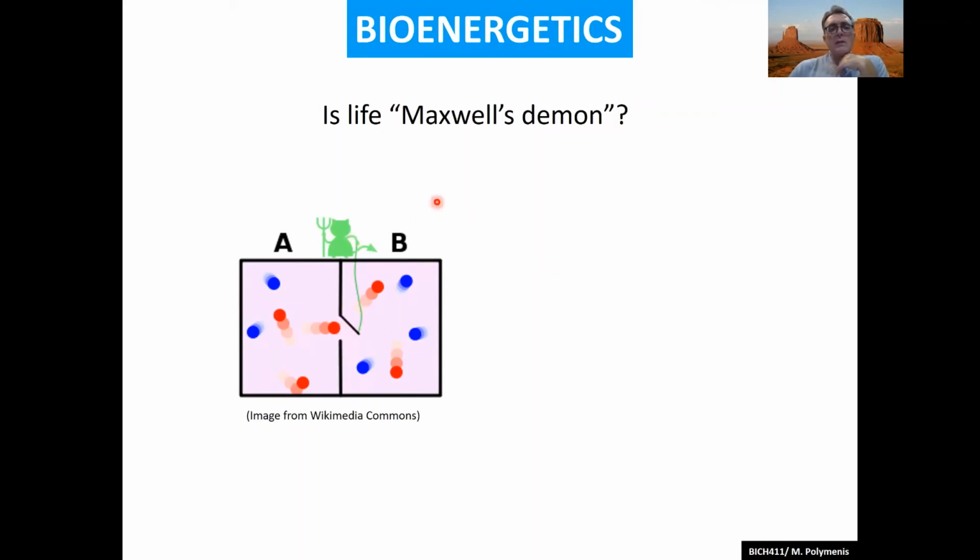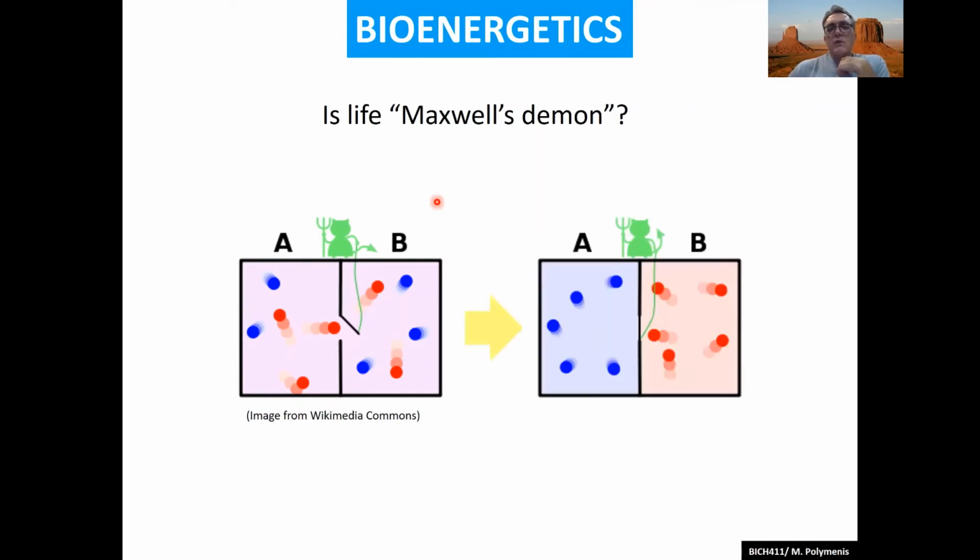And the demon can be very choosy and can close the door or open the door exactly when it wants to, in a way that it opens the door only when a red one is ready to go from A to B, or a blue one from B to A. So in the end, by selectively opening and closing the door, you end up with two very different distributions, so different concentrations in compartment A or B between the blue and the red balls, right? So is this how life is?